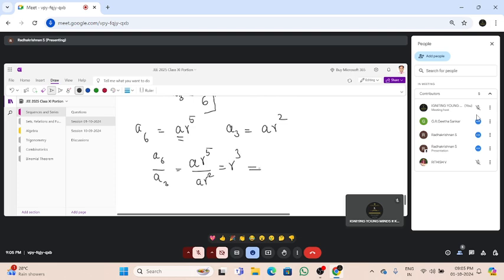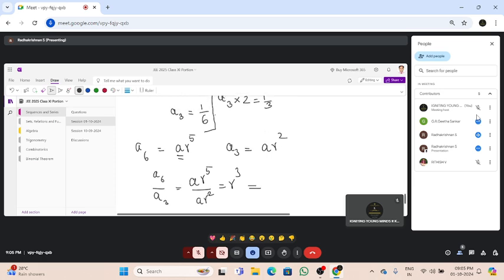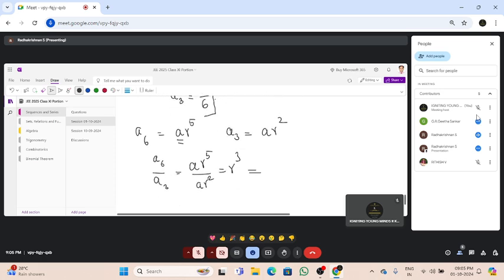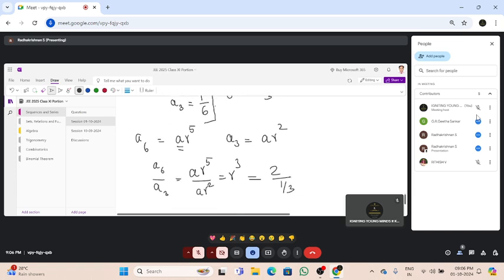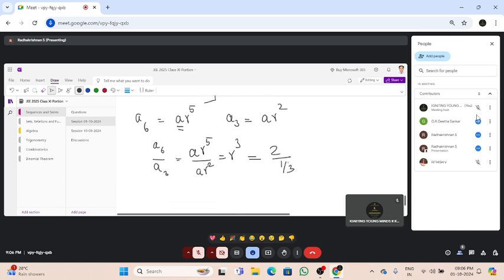Right? That is, we know a6 and a3, இல்லையா? a6 by a3, 2 by 1/6, 2 into 6. So r cube equal to 12 னு வருது.